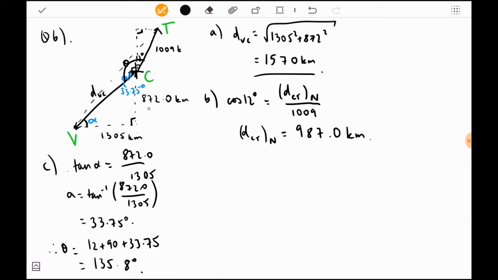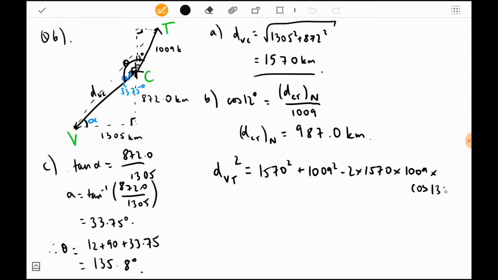The distance between Vectorville and Trigonometric Town squared is equal to this side squared, so 1570 squared, plus this side here, 1009 squared, minus 2 times 1570 times 1009 times the cosine of 135.8.